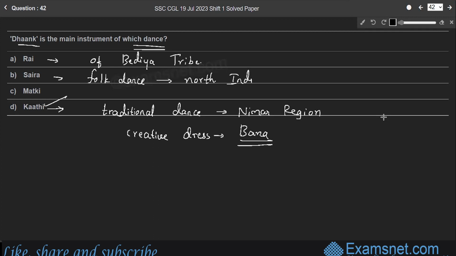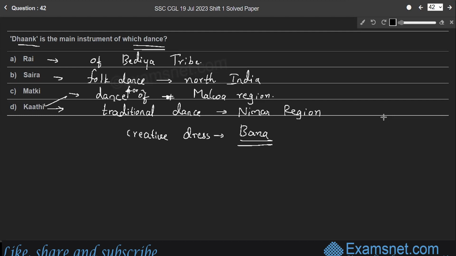Matki is a style of dancing performed by women of the Malwa region for special occasions like weddings, birthdays, etc. It is done with a special pitcher called matki overhead.